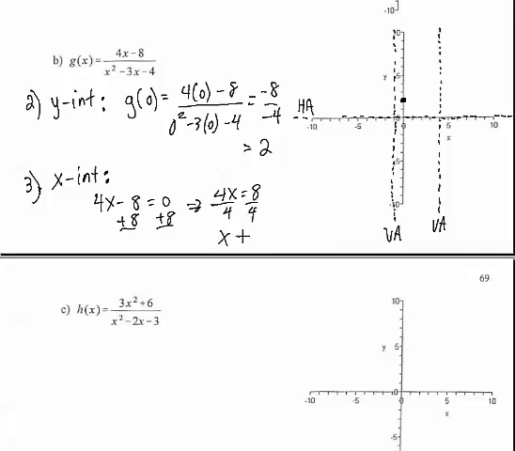Divide both sides by 4, and I get x equals 2. So that gives me a coordinate right here on the x-axis.